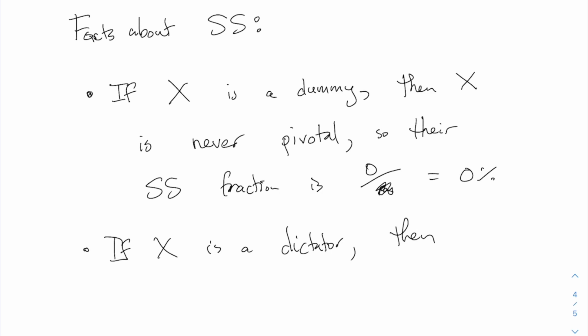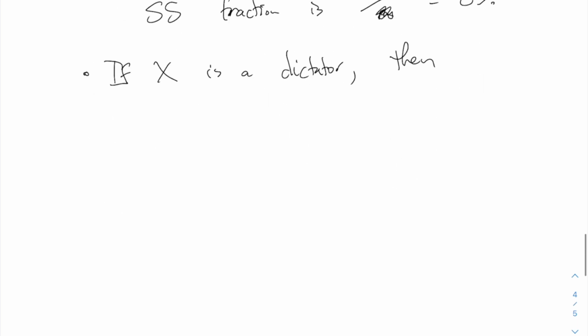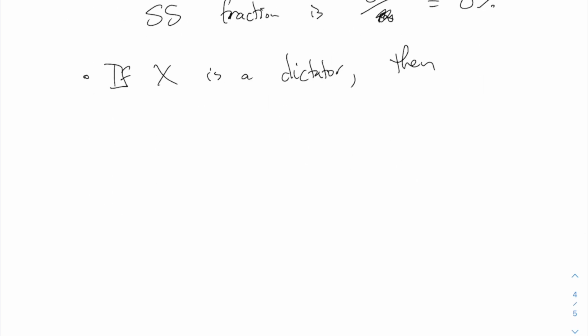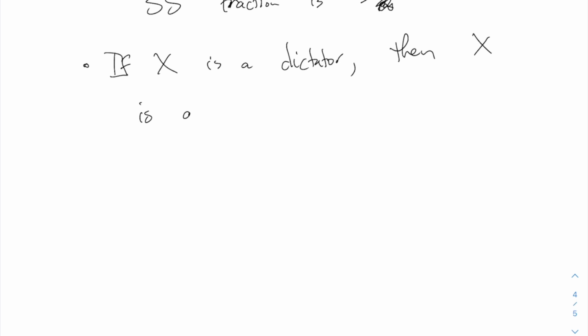The whole point of a dictator is they have all the power and nobody else has any power. Now, how can we be sure in terms of the pivotal? Well, if X is a dictator, then X is always the pivotal voter, right? In any combination, if you have a dictator, it's not possible for anybody else to be pivotal.